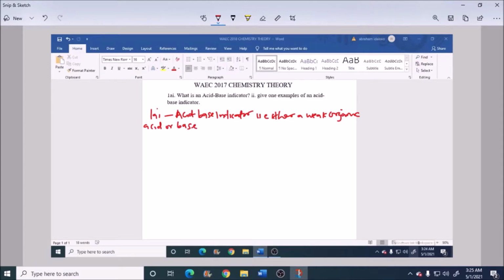It's either a weak organic acid or base which gives different colors in acidic or basic medium.